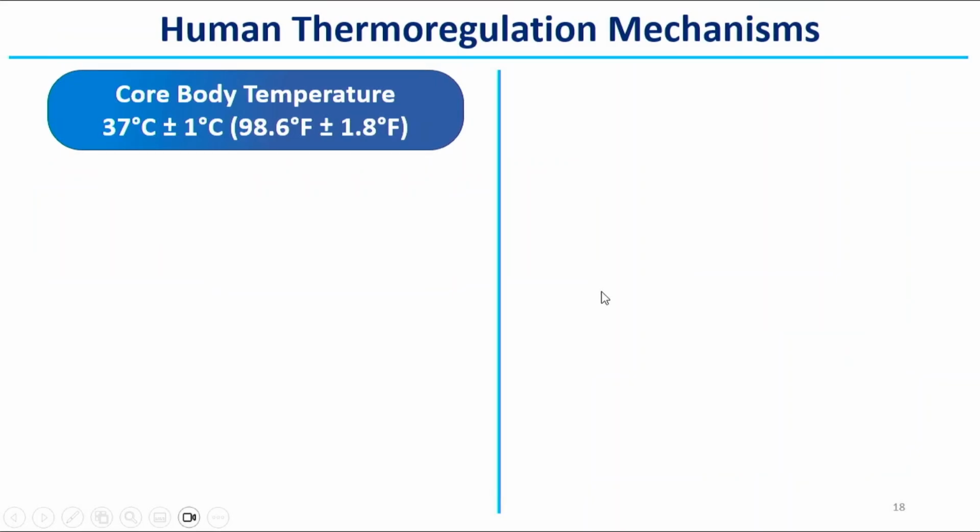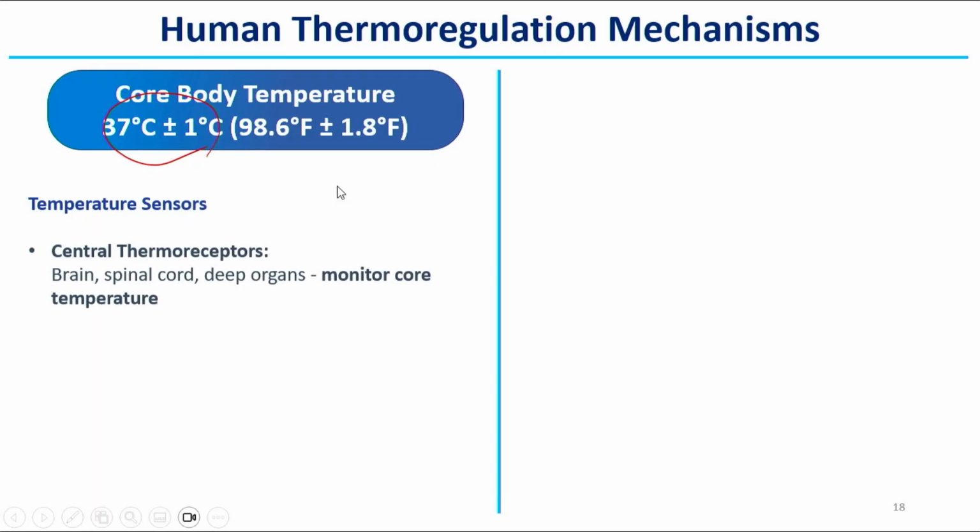Now, let us try to understand the human thermoregulation mechanism, particularly in a cold environment. Core body temperature should remain at 37 plus or minus 1 degree Celsius. We should maintain our body core temperature within that zone, and temperature sensors are there.